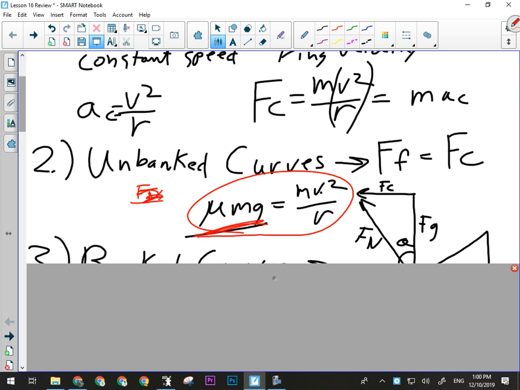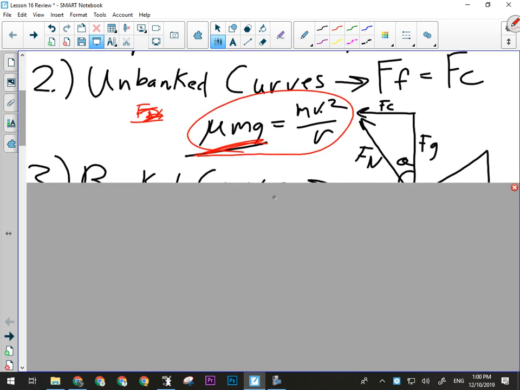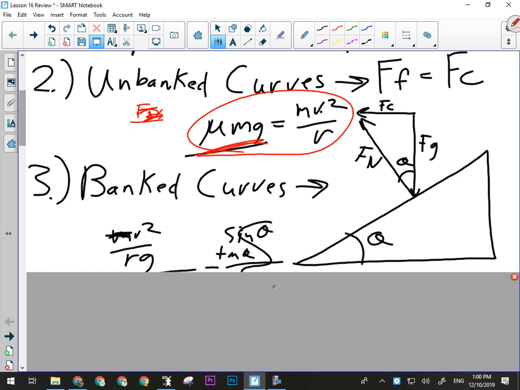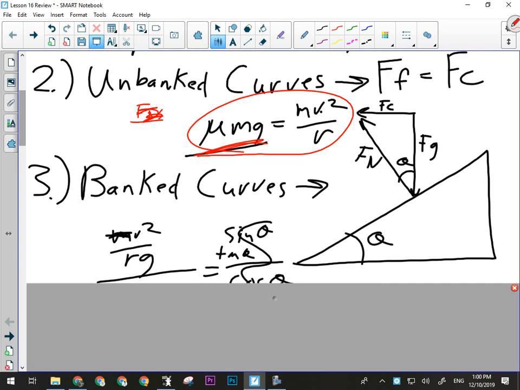All right, and then we talked about banked curves. So now a banked curve doesn't have to rely on friction. So what we do is we take the surface and we bank it a little bit. And now that surface provides a normal force that is directed straight out from the surface. Its vertical component offsets gravity, and its horizontal component is directed towards the center and acts as a centripetal force.